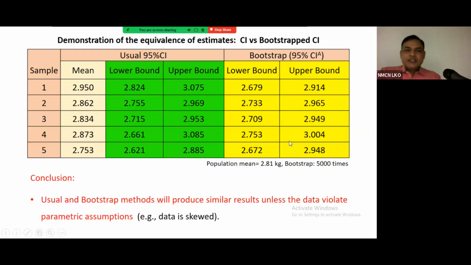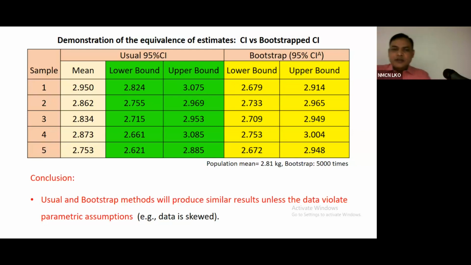Now, if we see the 95% confidence interval of the usual method versus the bootstrap method, we find there is no difference when the population is normal. The differences we can see are in the first or second decimal places.